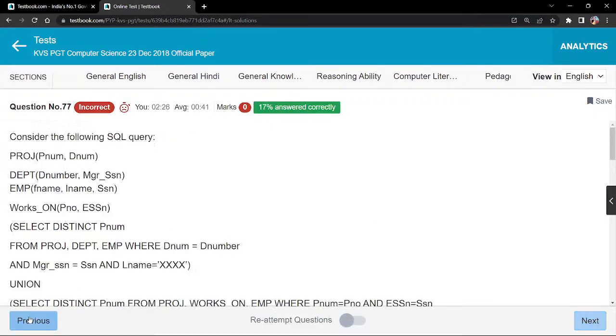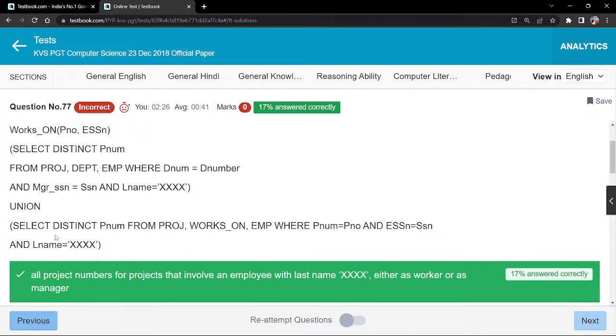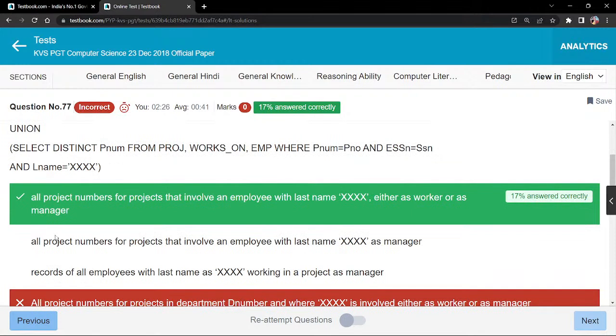So next one is all project numbers for projects that involve an employee, either as worker or as manager.